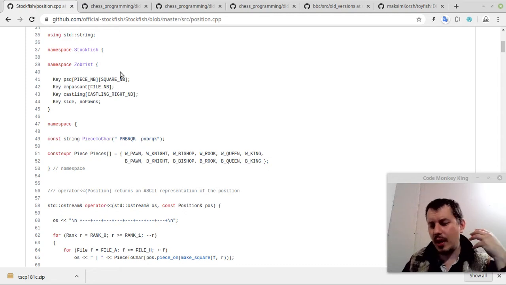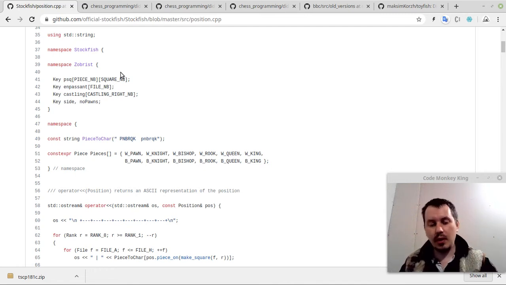The idea is to assign a pseudo-unique number to every position in chess, and that serves many purposes. First of all, detecting threefold repetitions, and it also allows the use of a transposition table, which saves the nodes that are searched within the search tree in order to avoid researching nodes when you already have the results for them.